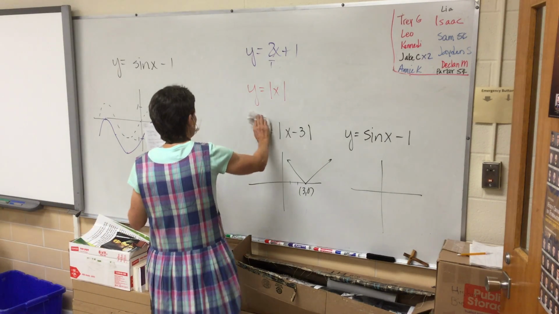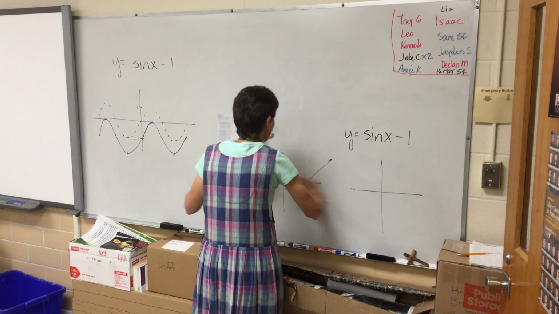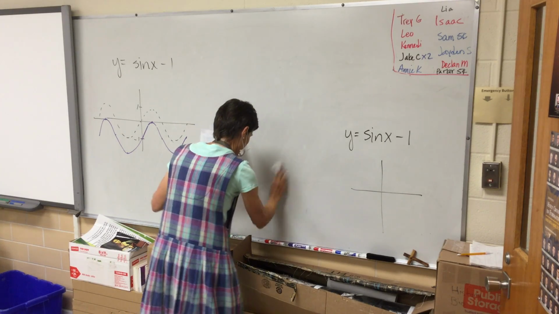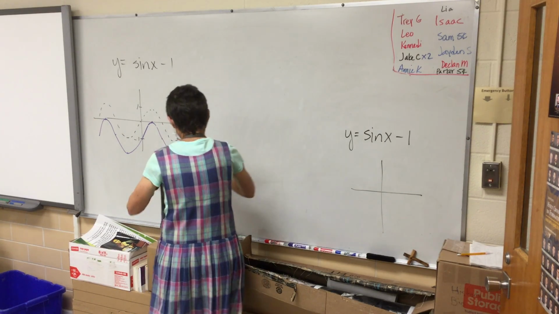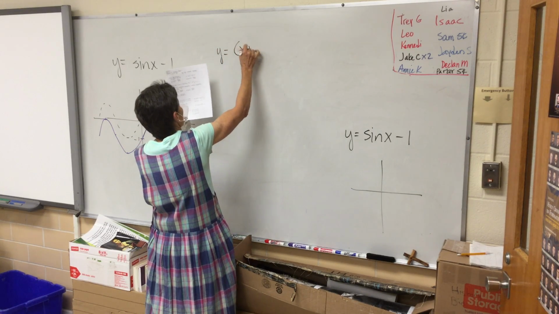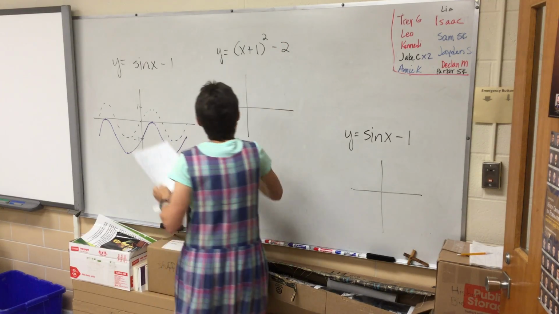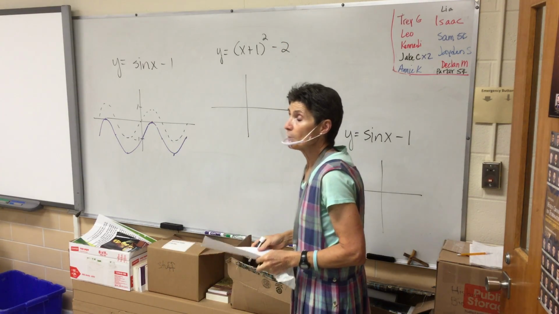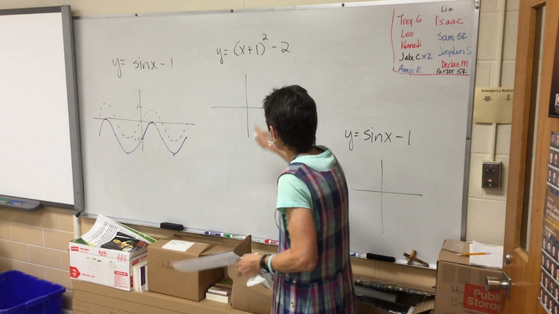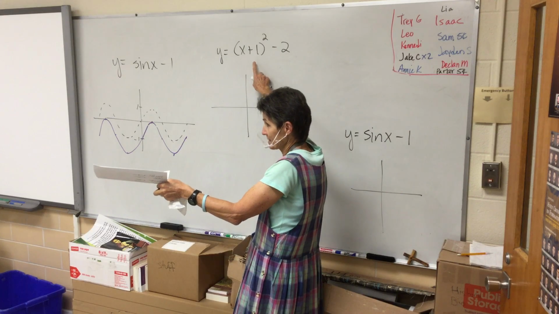All right, so there's a few more little quick sketches to do. These are easy if you remember your shapes. What shape is D going to be? It's a squaring, which means it's what shape? A U, a parabola. And the normal parabola starts at the origin, right? This one's been moved twice.